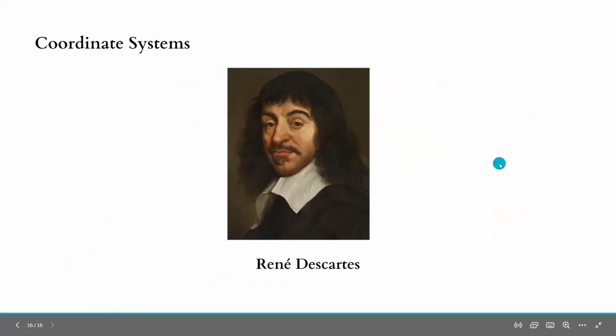Right, so we will be learning vector operations next, so I will move on to that as well. After vector operations, we will be talking about coordinate systems, because coordinate systems are very essential for us to define electric field and magnetic field with respect to space and time, right?